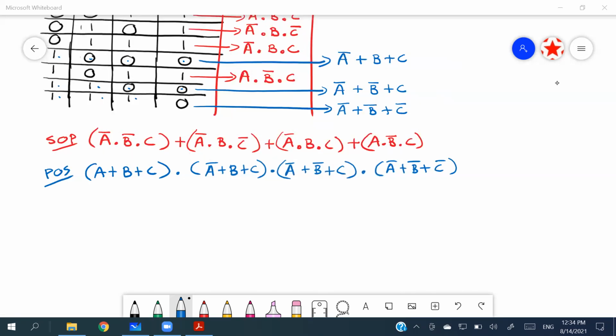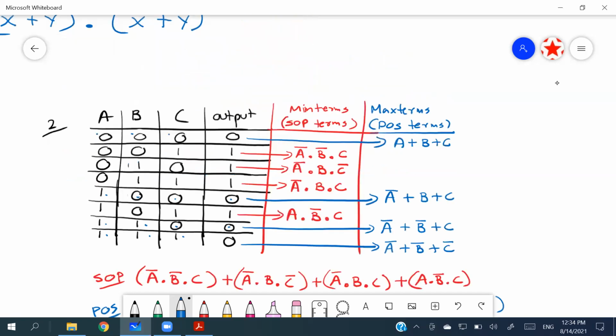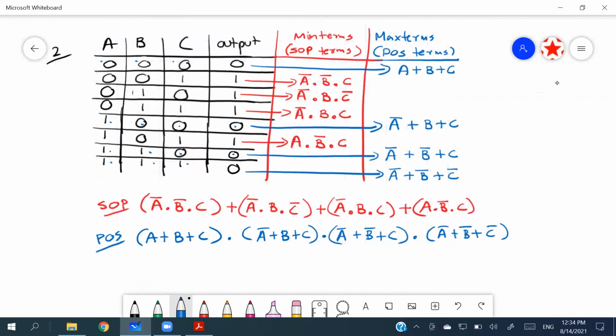It's very easy, very standard. Each and every term contains all 3 variables, so we can set it as a standard one. So remember that is a very important fact: if you are deriving something from a truth table, it's always going to be a standard expression.